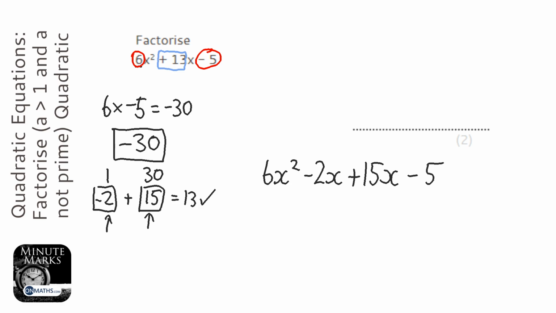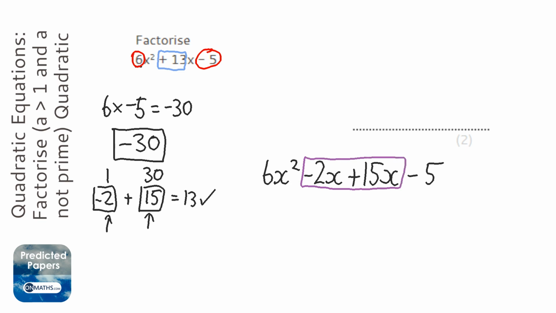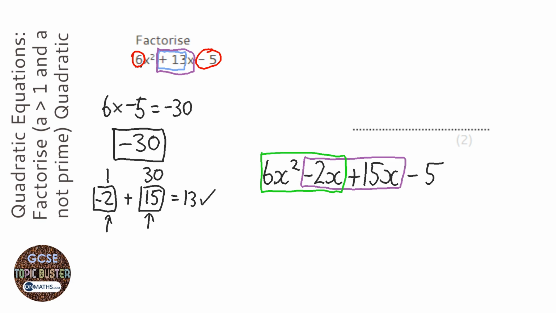So the only thing that's changed is I've split up that plus 13x here and decomposed it into minus 2x plus 15x, and that does add together to make plus 13x, so that's absolutely fine. But by doing that, I can then only look at this bit and this bit and factorise them separately.